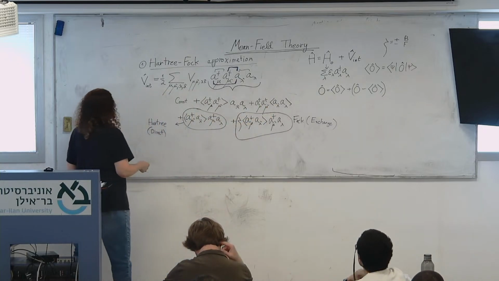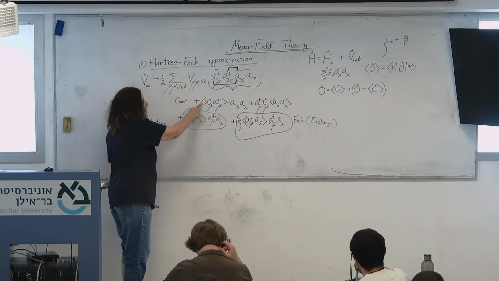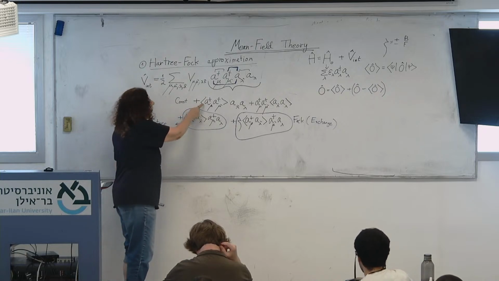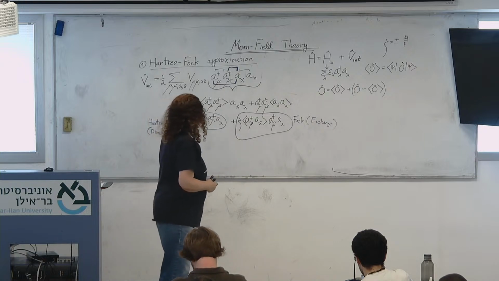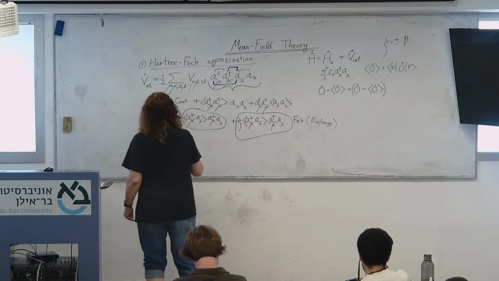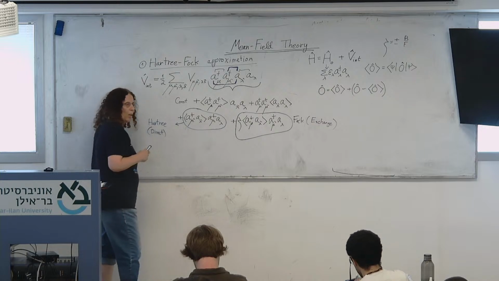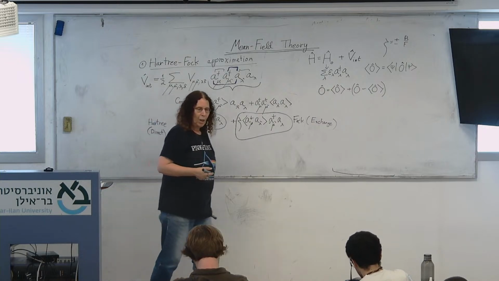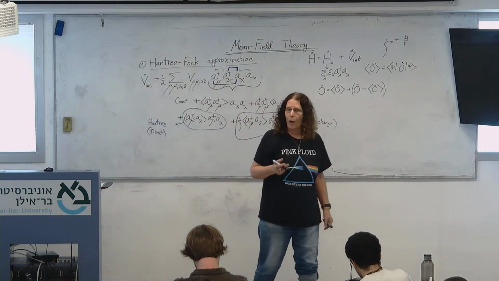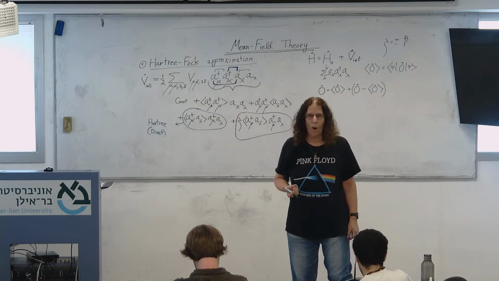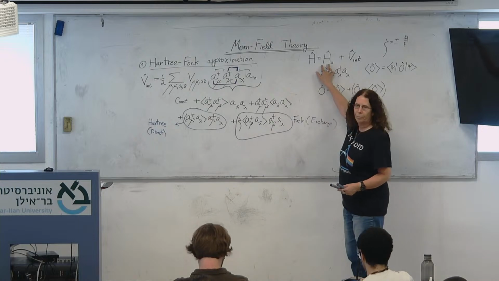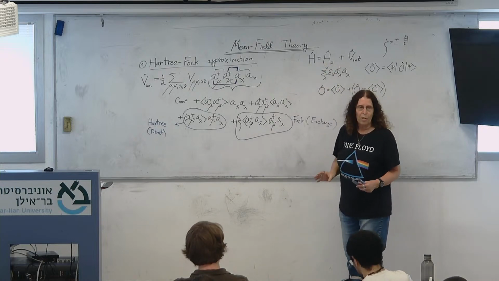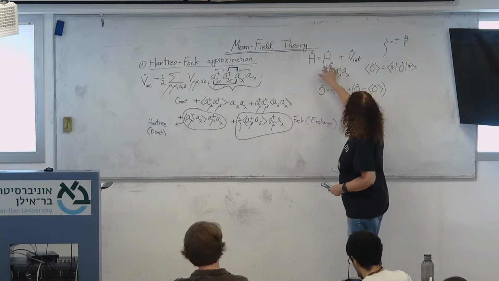Okay? Now, so this, I wrote it quite generally, but now there is also the first term. And now we have to specify which state I'm calculating the expectation value over. And actually, in the Hartree-Fock approximation, you are assuming that it is the ground state of the non-interacting part of the Hamiltonian. Okay? It's the ground state of H naught.